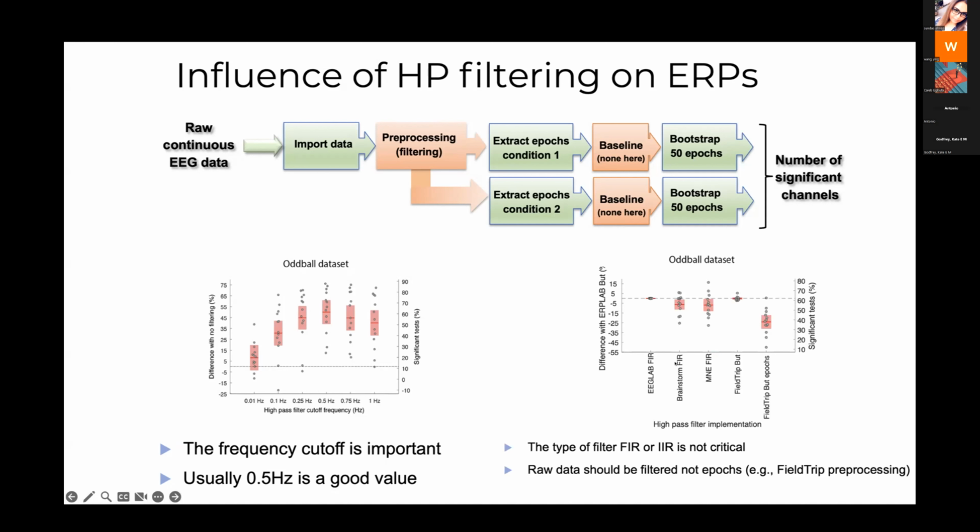I'm not sure if we have the slide after that, but we also tested the filter in EEGLAB, the filter in Brainstorm, the filter in MNE, the filter in FieldTrip. And you can see here, they perform very similarly. That's interesting. You look at the EEGLAB filter versus the Butterworth filter of FieldTrip versus the reference here, which is the ERPLAB Butterworth filter.